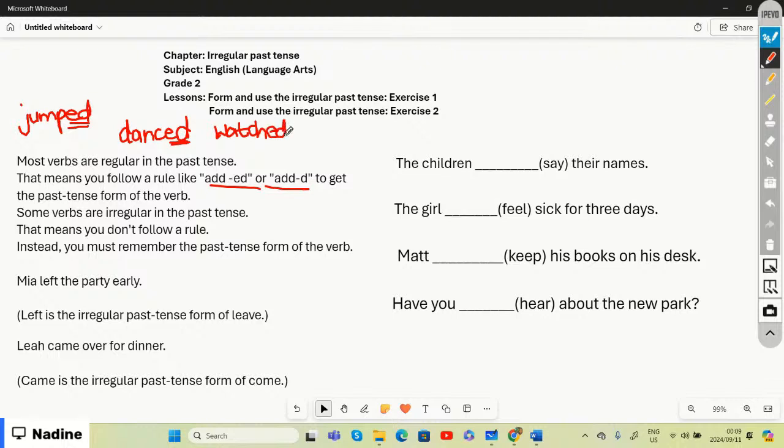Yesterday I watched a movie. Today I laugh at the scene of the movie. Yesterday I laughed while watching the movie. So you see, this is regular past tense. All we do is follow the rule of adding a d or an ed to our verb to show the past tense form.